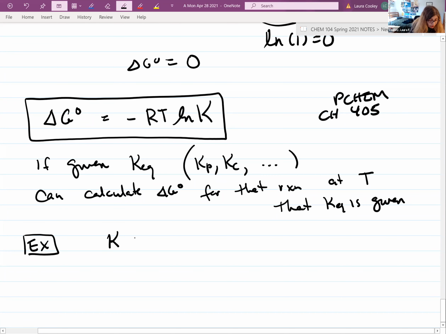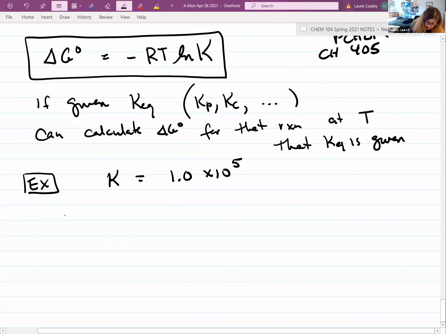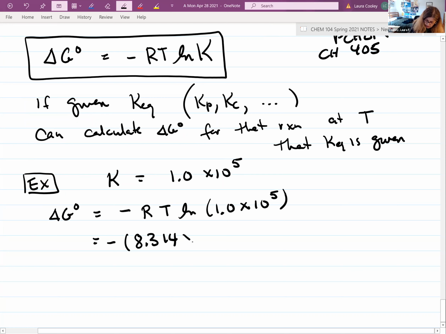Supposing we have a very large equilibrium constant, 10 to the 5th. Let me show you how to use this equation, minus RT log of that number. So it's minus 8.314 times 10 to the negative 3 kilojoules per mole Kelvin.